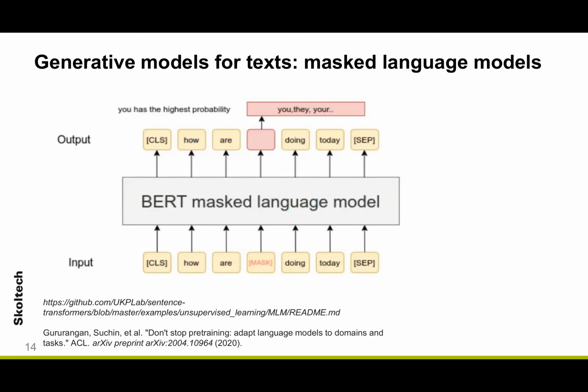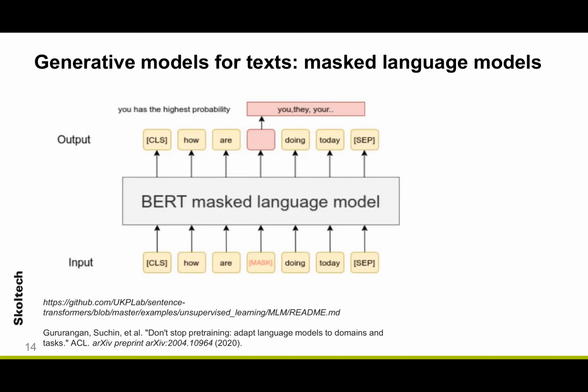If we have a large data set of sequences, a large data set of texts, and we want to train some language model, we can apply the same heuristic. We can drop some part of the initial sequence and force the model to recover this gap.